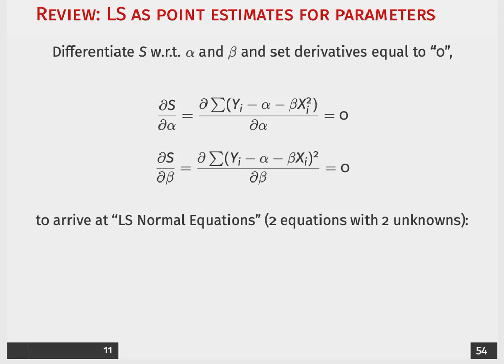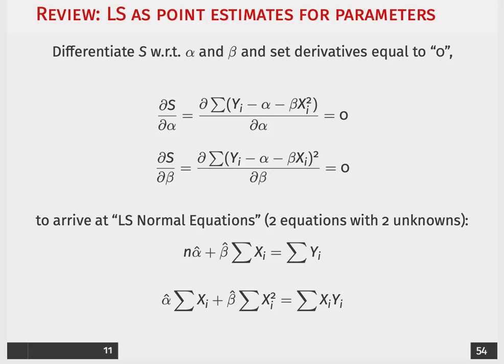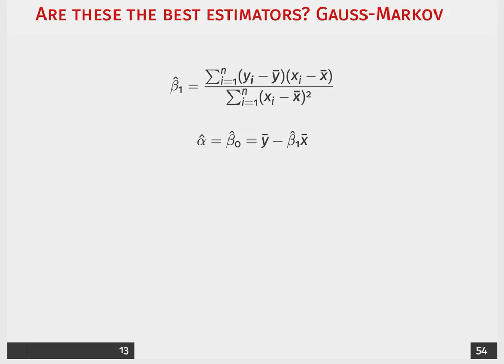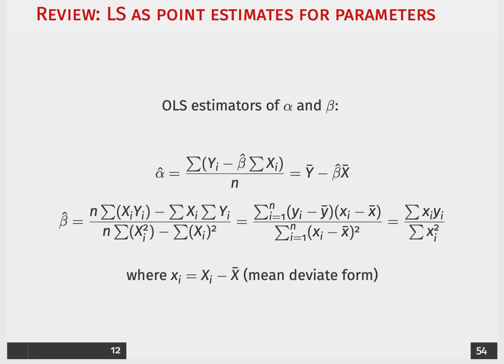And again, I'm not going to go through it, but we're going to essentially arrive at two, quote, least squares normal equations. That's basically where we have two equations with two unknowns. So again, I'm kind of jumping through this.